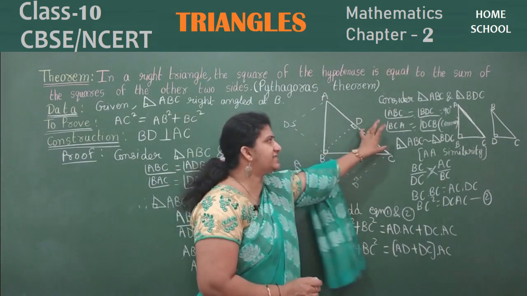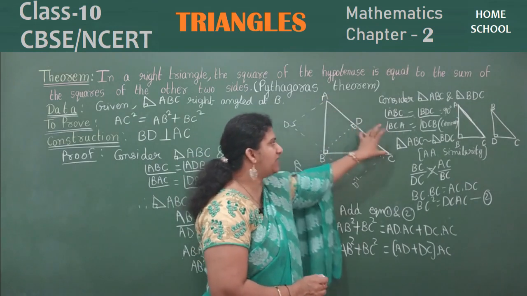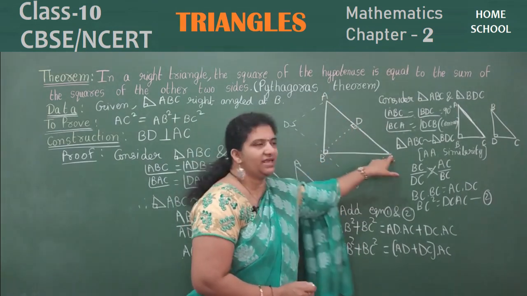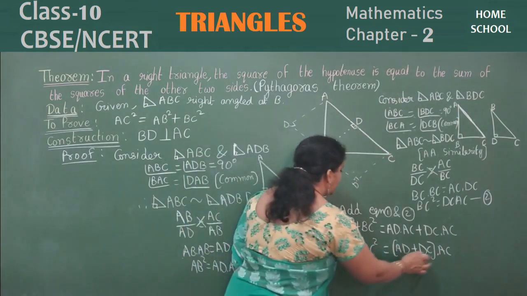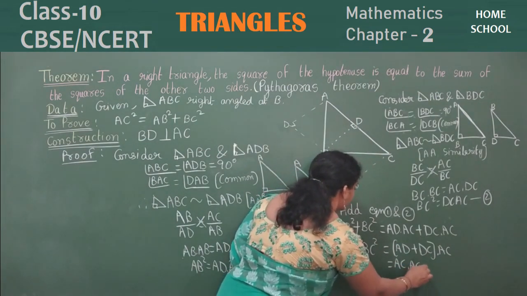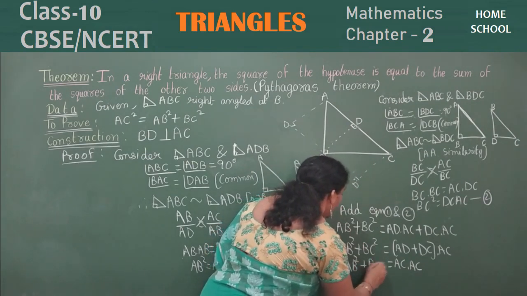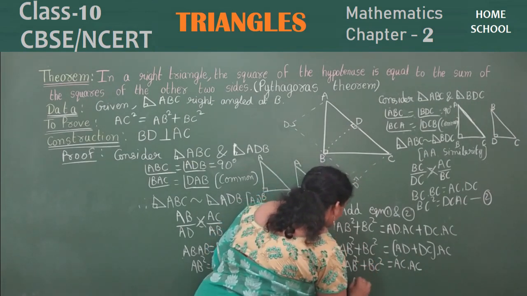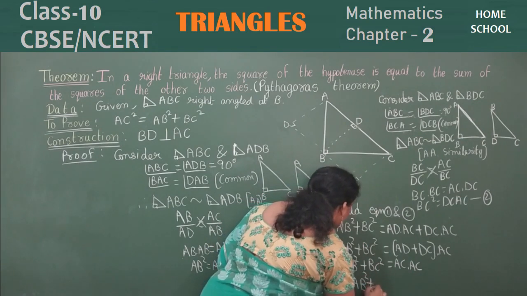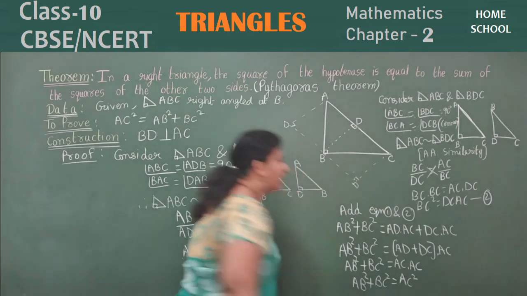AD plus DC is nothing but AC, the big line. So in this AD plus DC, substitute AC. AC into AC will be AC square. Finally, AB square plus BC square is equal to AC square.